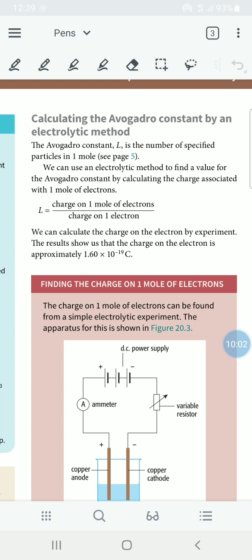Using electrolysis, we can obtain a value for Avogadro's constant in relation to the electrons.